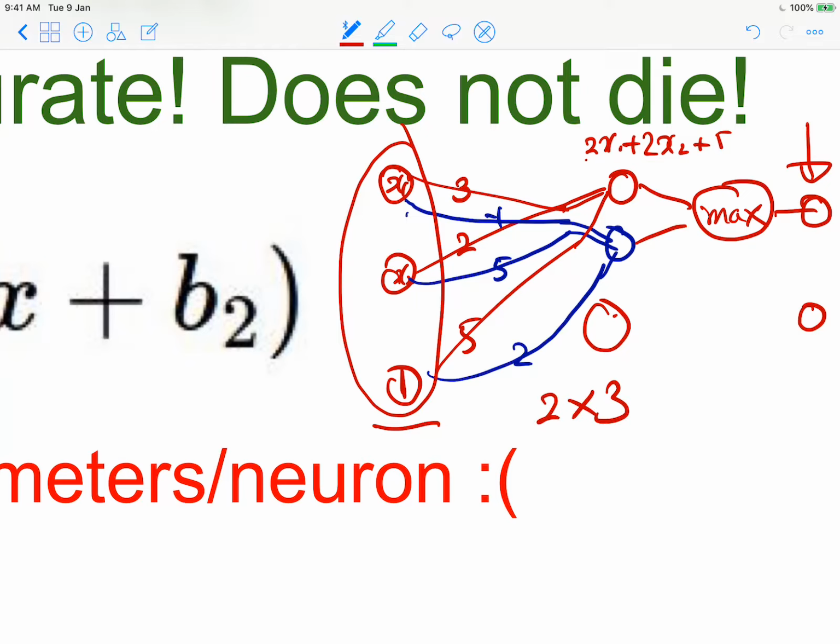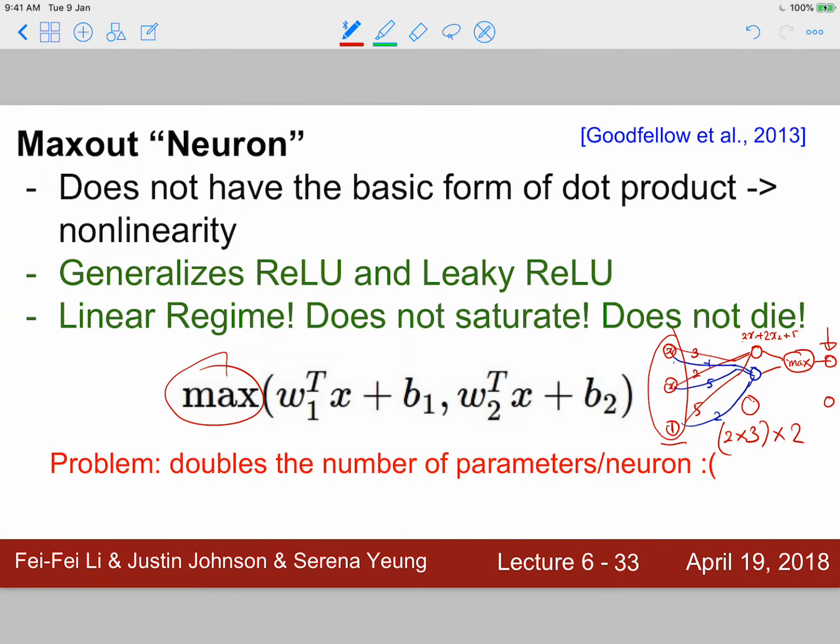Because we have two output nodes and 3 input nodes. But in the case of a maxout layer or unit, we actually have 2 times more parameters than the typical or standard fully connected layer. Okay. So does it make sense?